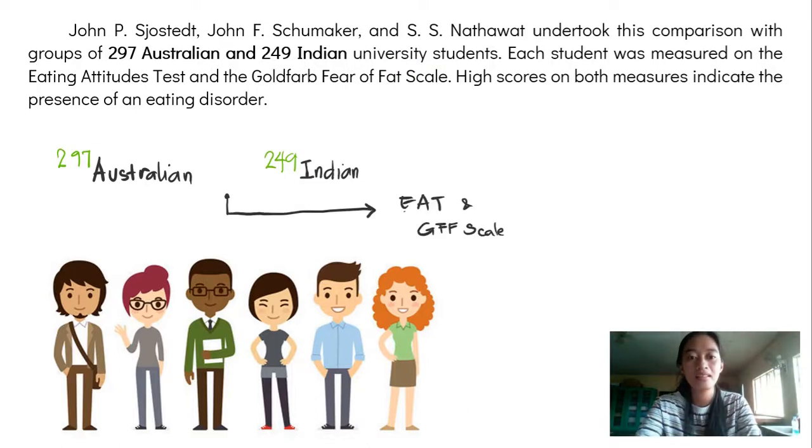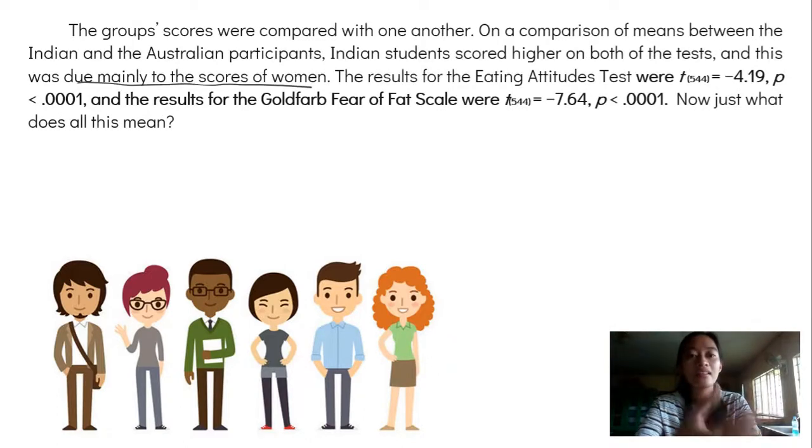They had these samples from the universities, and then they took the test, and the group scores were compared. On a comparison of means, they found that Indian students scored higher on both of the tests, and this was mainly due to the scores of the women. Well, the implications we shall see later.